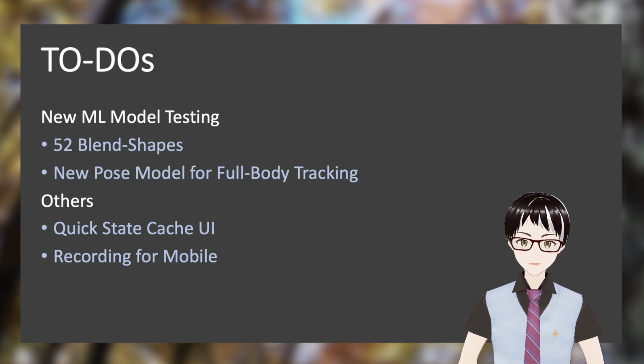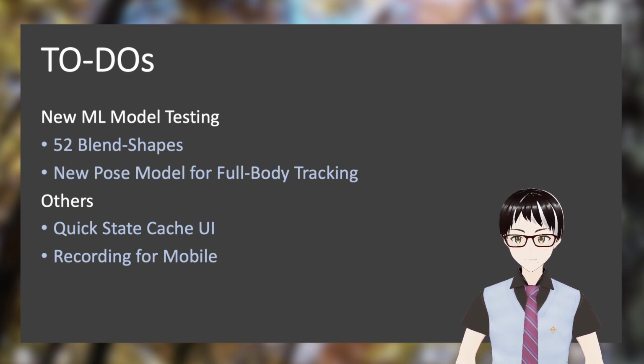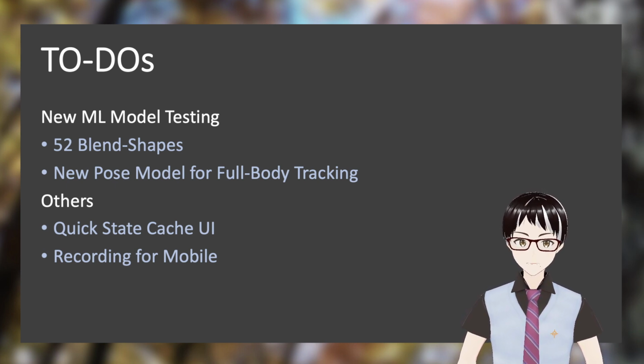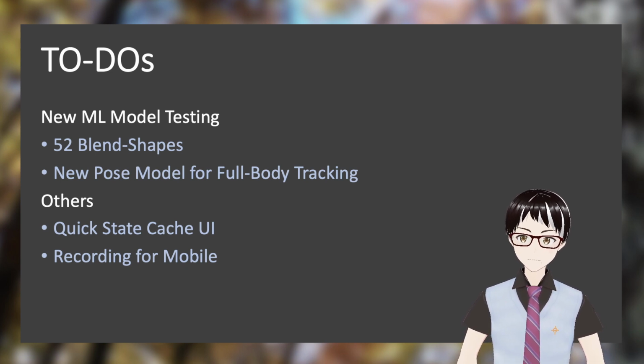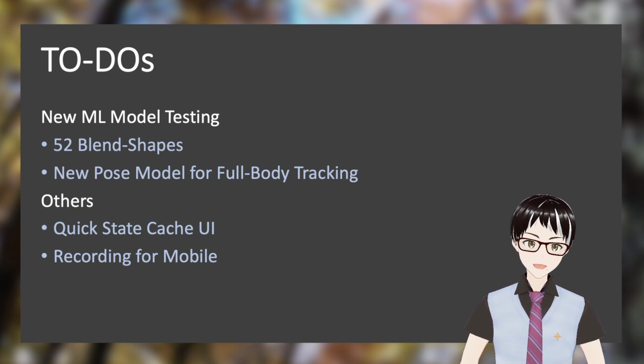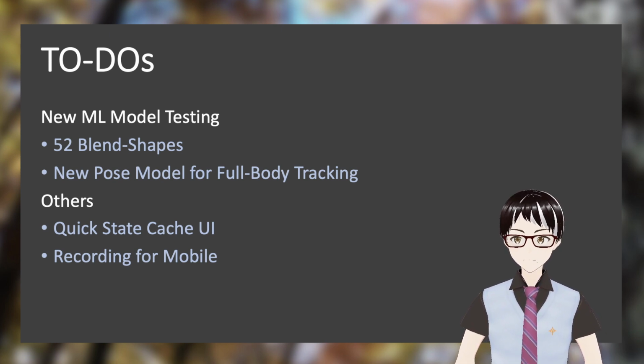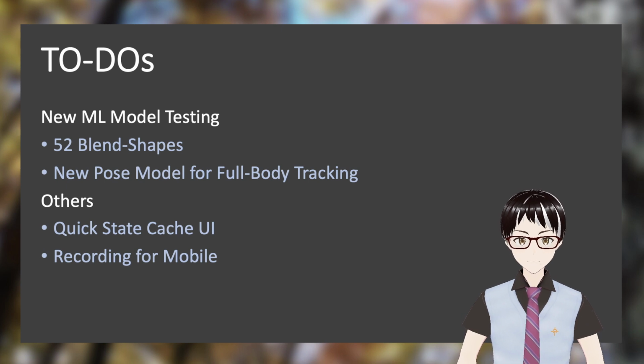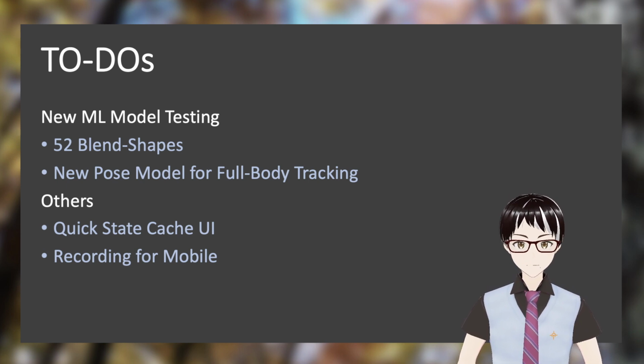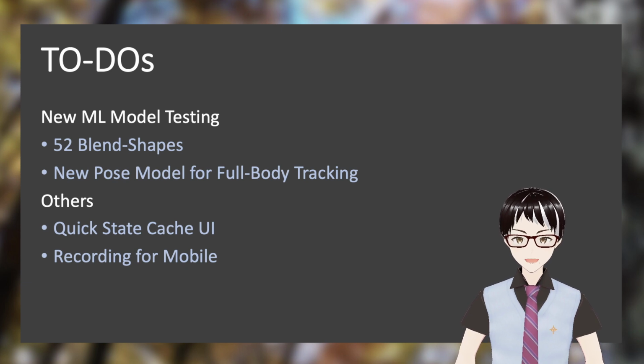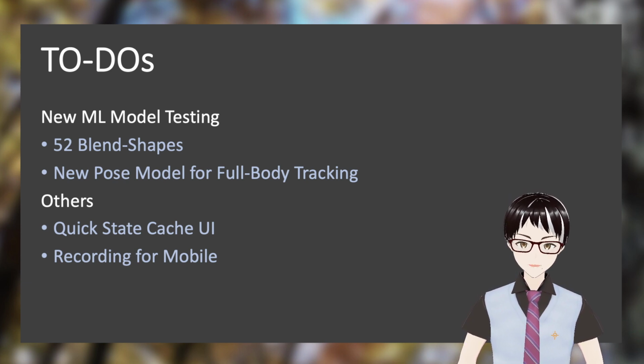Another thing is that full body tracking is actually a lot more difficult compared to what we currently have, because we know that the old MediaPipe Google ML model for pose tracking is very bad in terms of its z-axis, right?